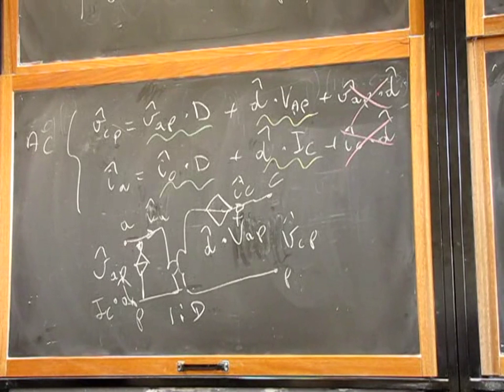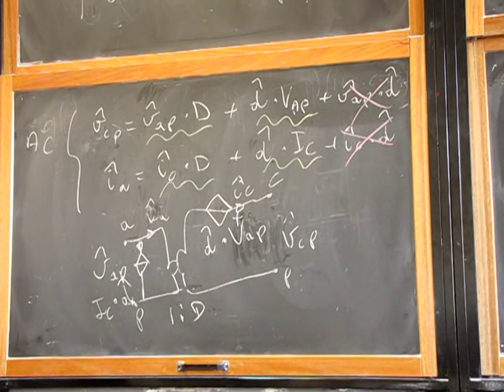Inductor, capacitor, V out. I want to find out what is M equals V out over V in in CCM, because that model has been derived for CCM.